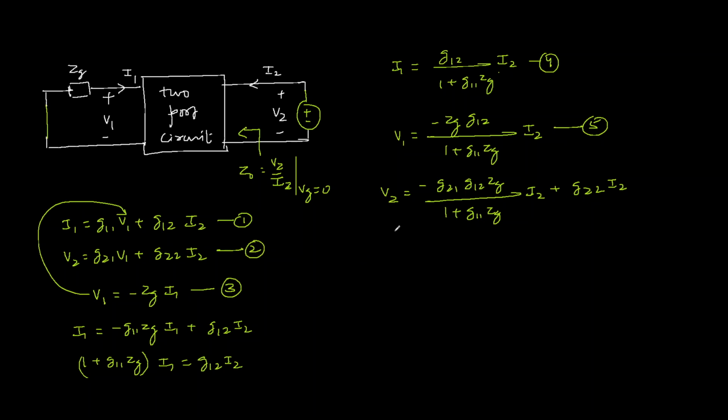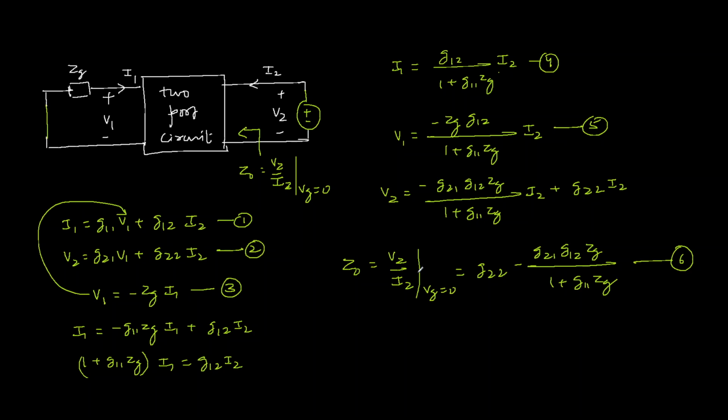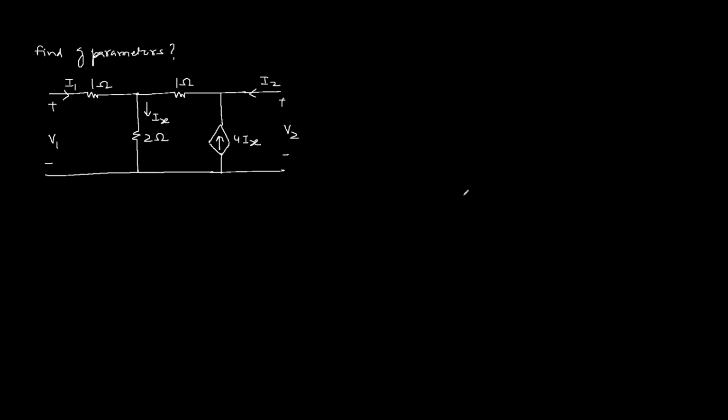So this expression will give the equation for Z0, which is V2 over I2 when Vg is 0, and it is G22 minus G21 G12 Zg over 1 plus G11 Zg. This is the expression for output impedance. So that's how we do the analysis of terminated two-port circuit.